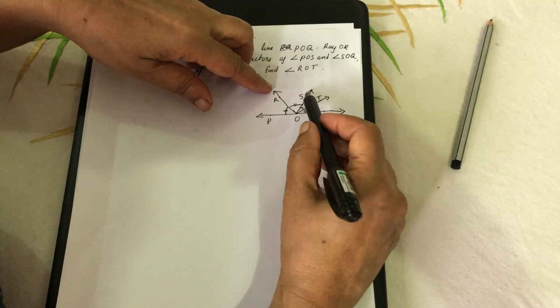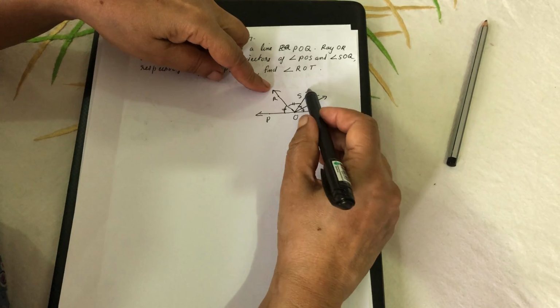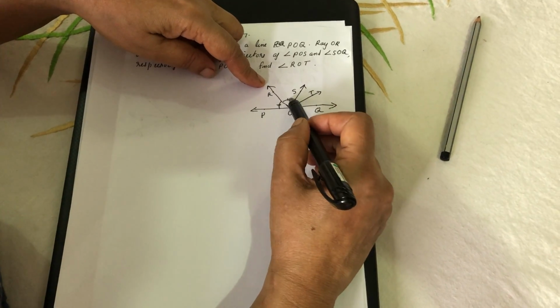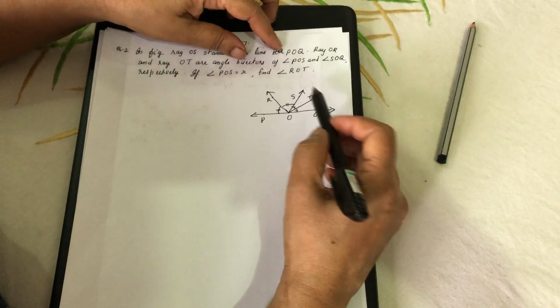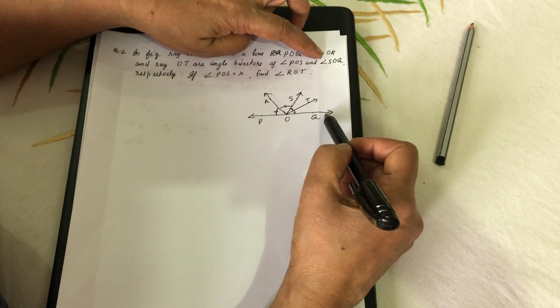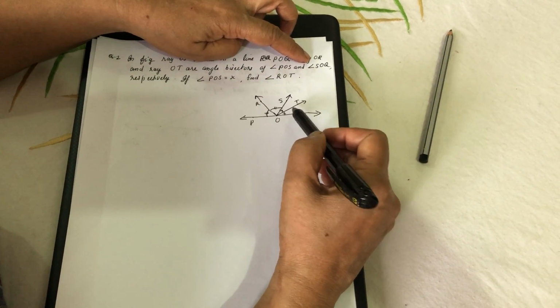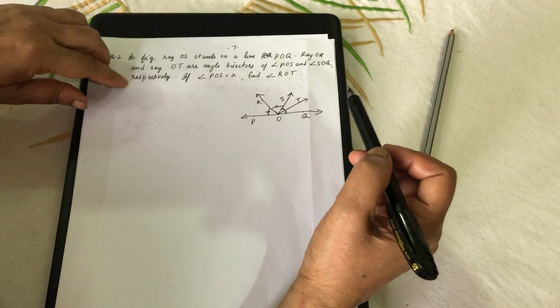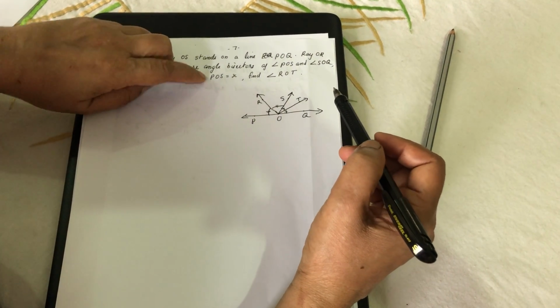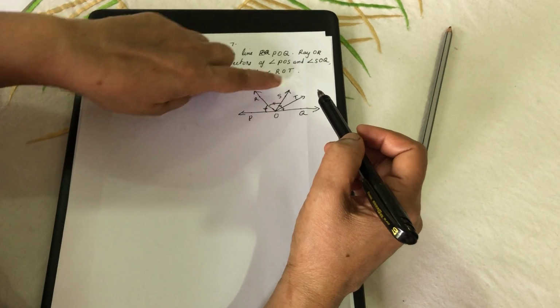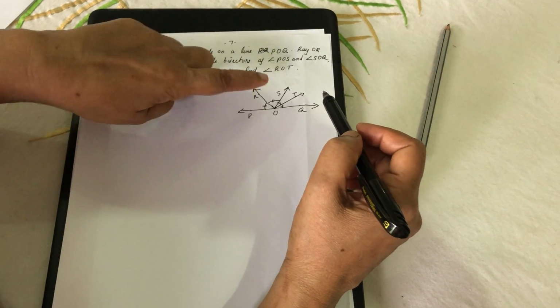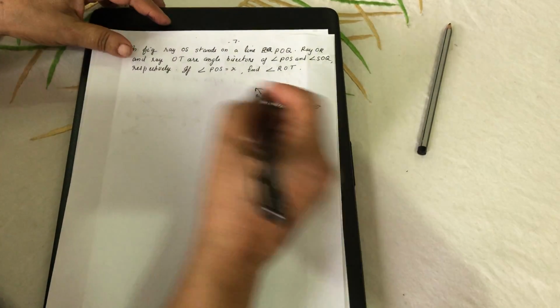That means OR is the angle bisector of POS, dividing it into two equal parts. Now OT is the bisector of SOQ, dividing it into two equal parts. These two angles are equal. It is given in this question that POS is x and you have to find ROT.